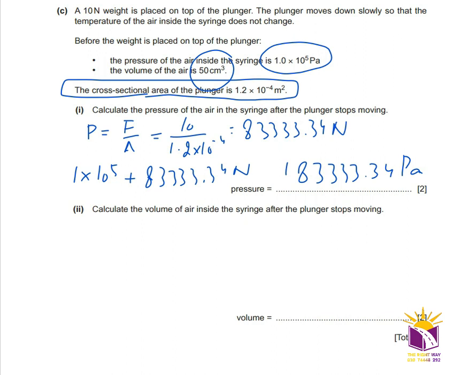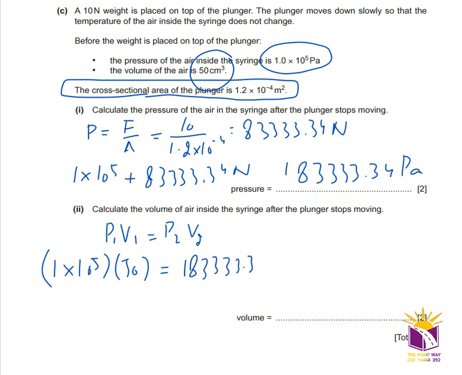Calculate the volume of the air inside the syringe after the plunger stops moving. We know that P1 V1 is equal to P2 V2. The product of pressure and volume is constant. So P1 is 1 times 10 raised to power 5, V1 is 50, and P2 is 183333.34, multiplied by V2.